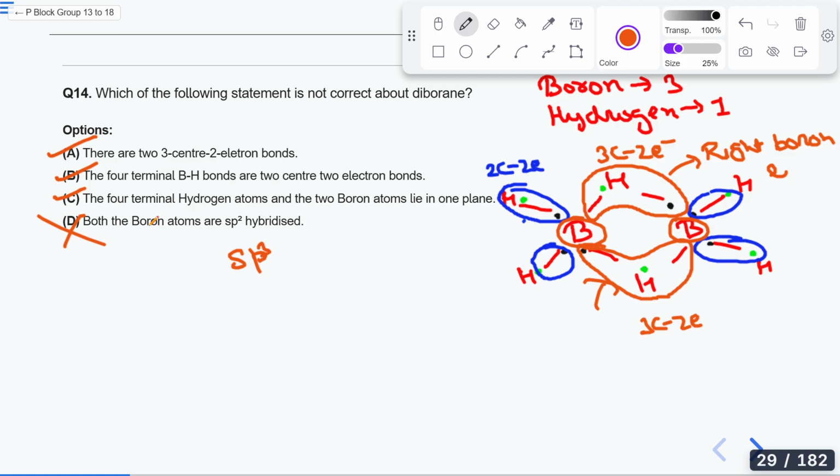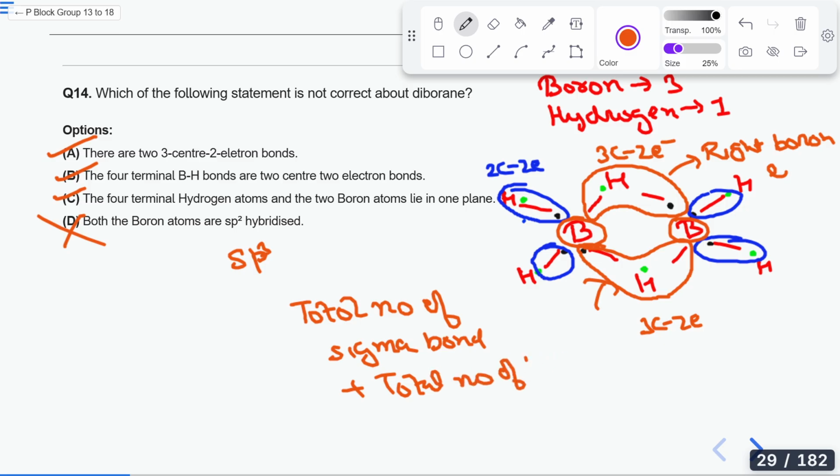If you do not know the steric number, then also you can know the hybridization. The process is very simple. Count the total number of sigma bonds plus the total number of lone pairs. If you are given the structure, not the formula, and you want to find the hybridization, how can you calculate the steric number?